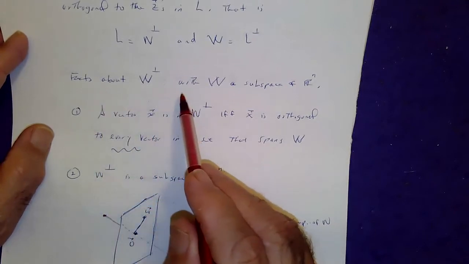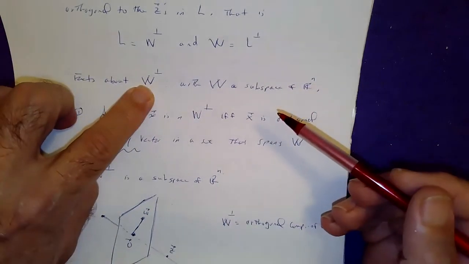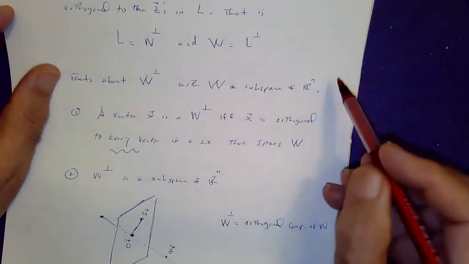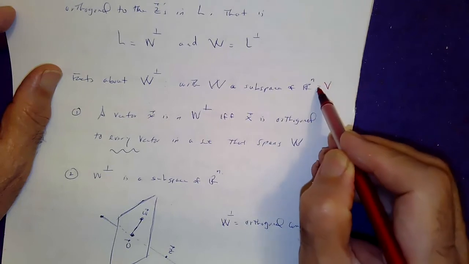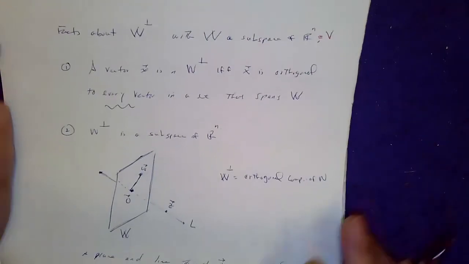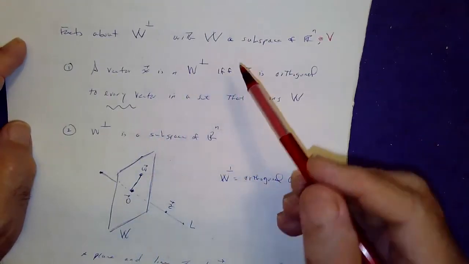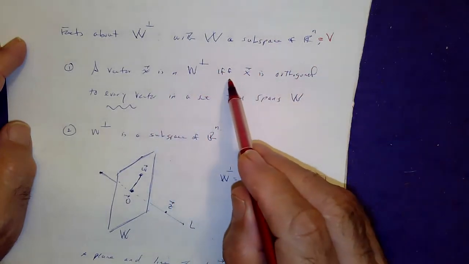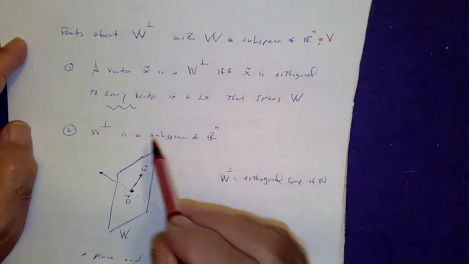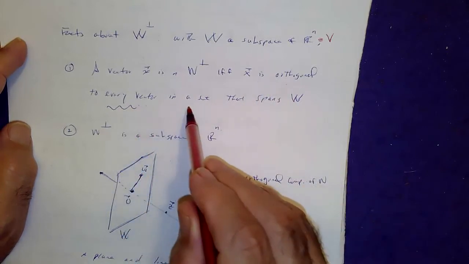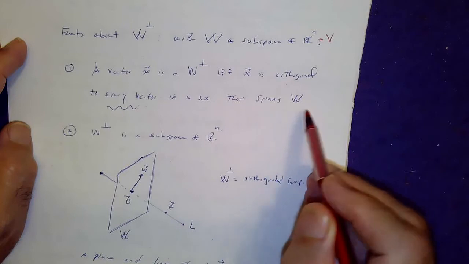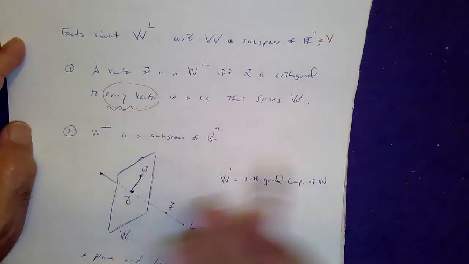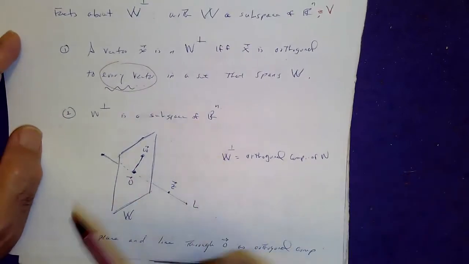Then we have facts about the orthogonal complement of a subspace W of a bigger space, let's say we call this B. A vector x is in the orthogonal complement if and only if x is orthogonal to every vector in a set that spans W. Notice the catchwords are every vector, not just a single vector.